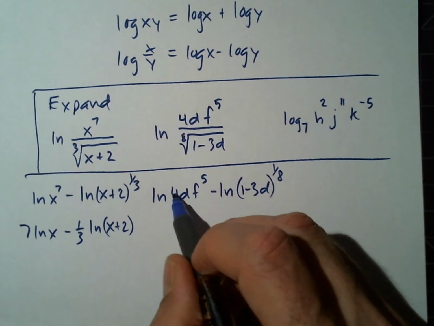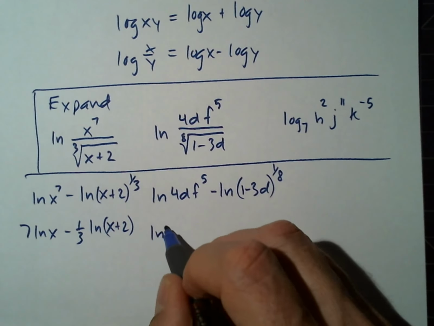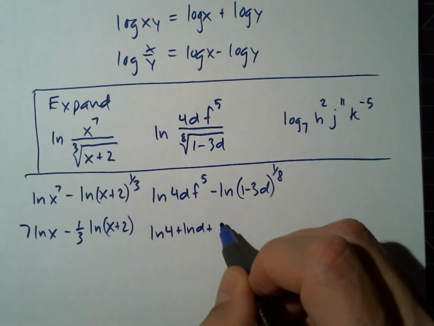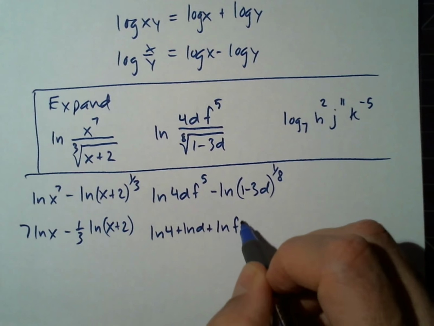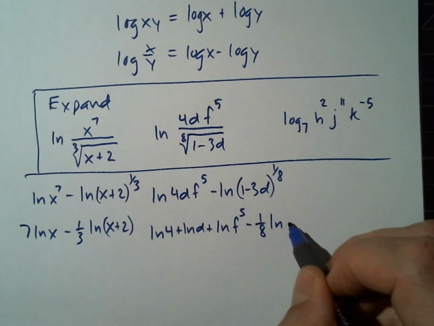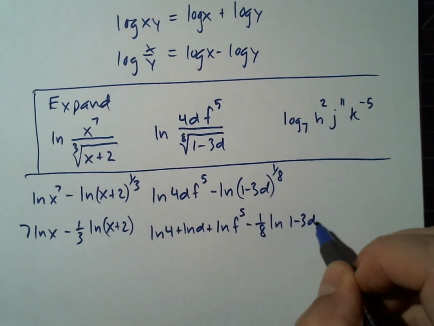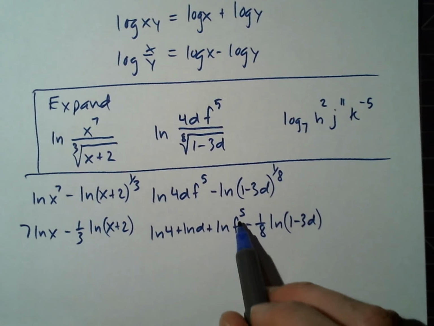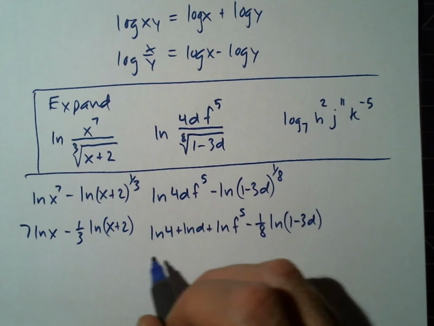And now we have a product here, so it's natural log 4, natural log d, natural log f to the 5th, 1/8 natural log, and then we can move the 5 in front.